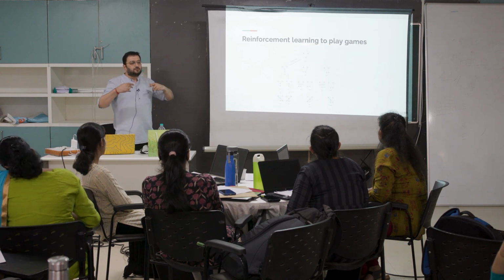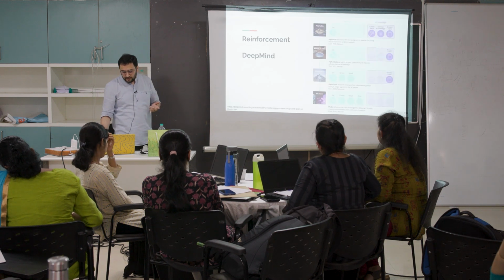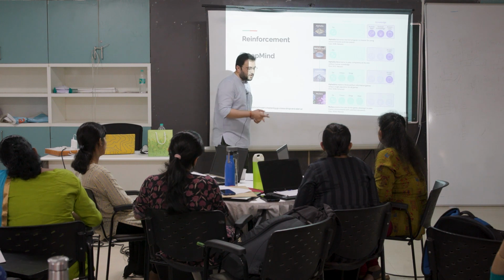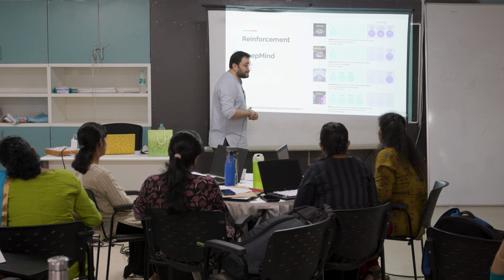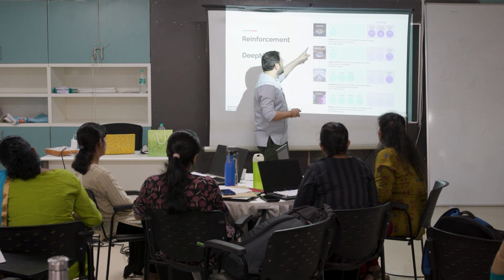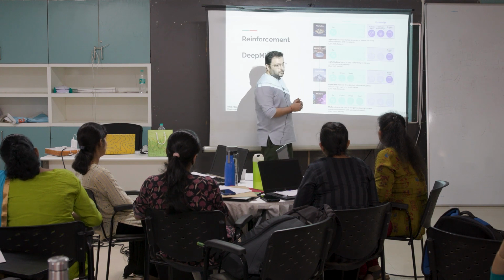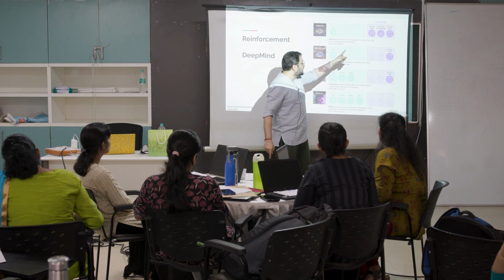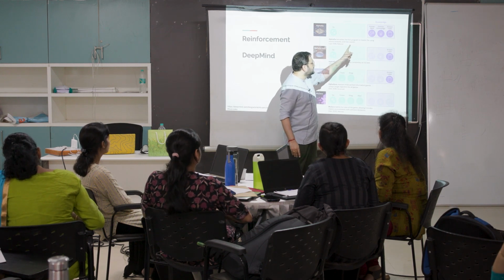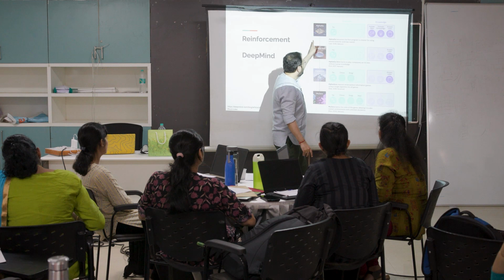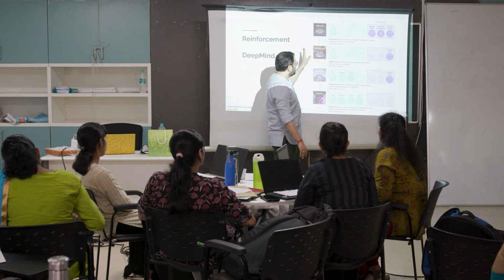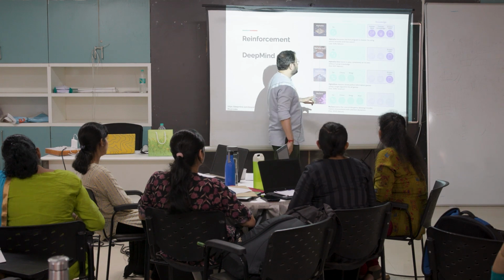I'll just talk about reinforcement learning. I told you this is the way people trained algorithms to play games. Now this is a good starter for the discussion on ethics. Why? They created the first algorithm called AlphaGo. Go is a game, right? For this algorithm, they gave human data, domain knowledge and rules, and AlphaGo was able to play the game better than the champions of that game.